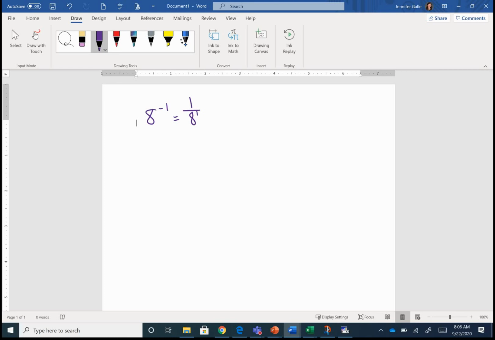Let's go, 3 to the negative second. How do I write 3 to the negative second with positive exponents? Write down what you think on your board.